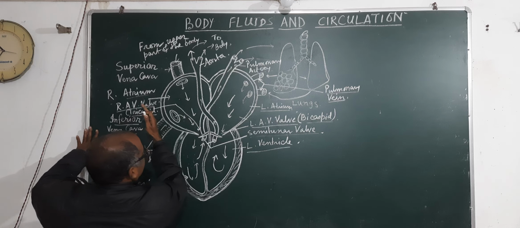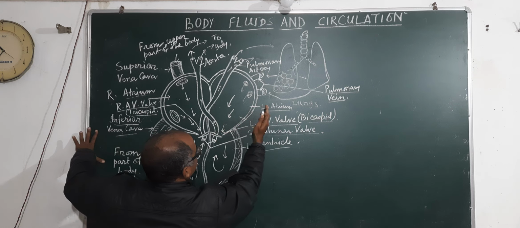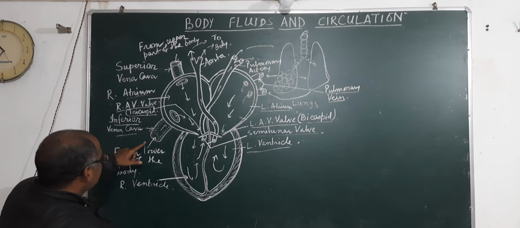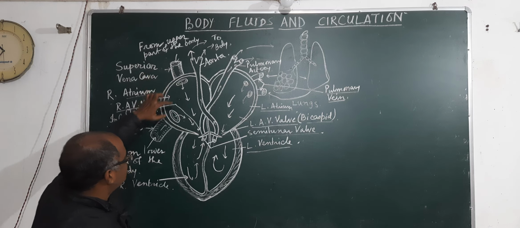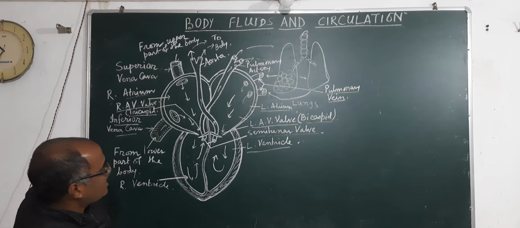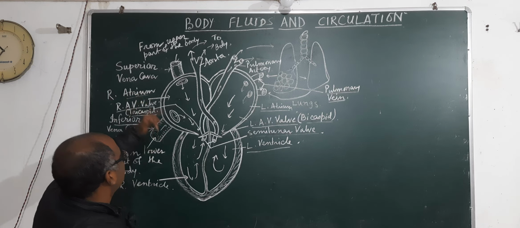The right side has totally impure or deoxygenated blood, and the left side has totally oxygenated blood. These are the inferior vena cava and superior vena cava, the thickest of all the other blood vessels.